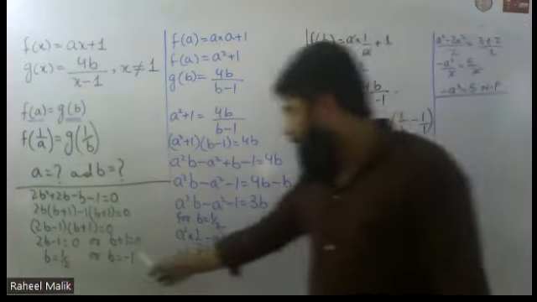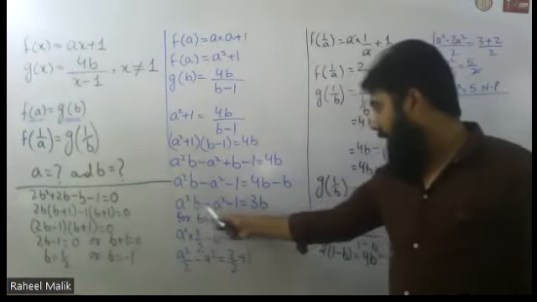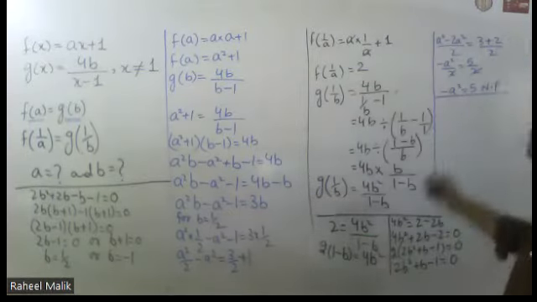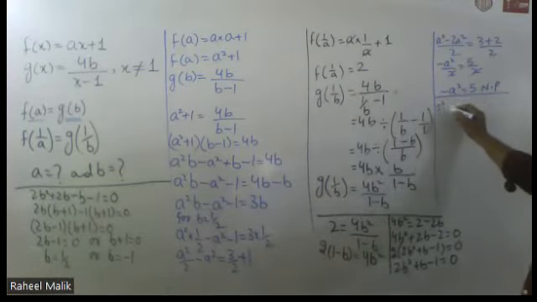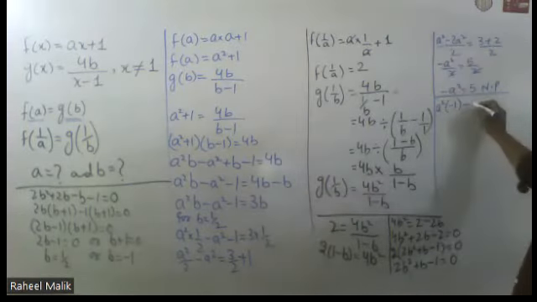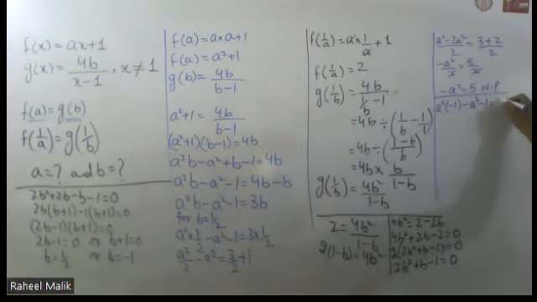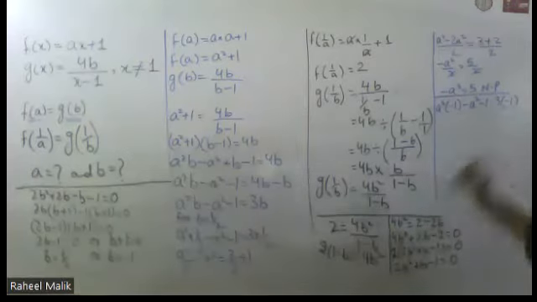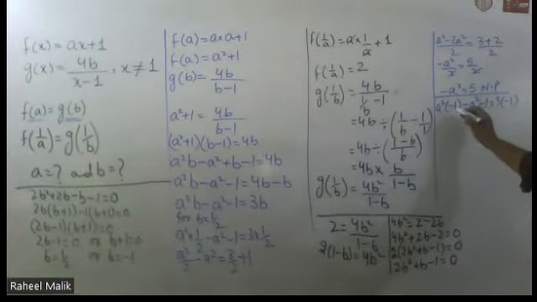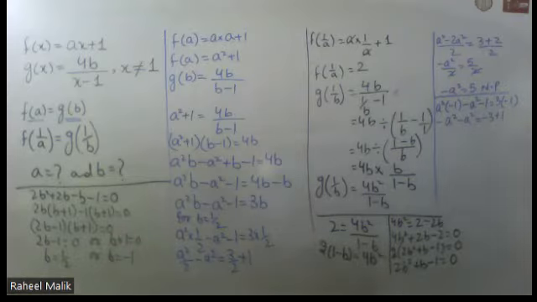What is the other value of b given? b equals minus 1. Plugging it over here, b equals minus 1. So a square, b is coming minus 1, minus a square minus 1, 3, b is coming minus 1. Simplify it. Minus a square equals minus b plus 1.